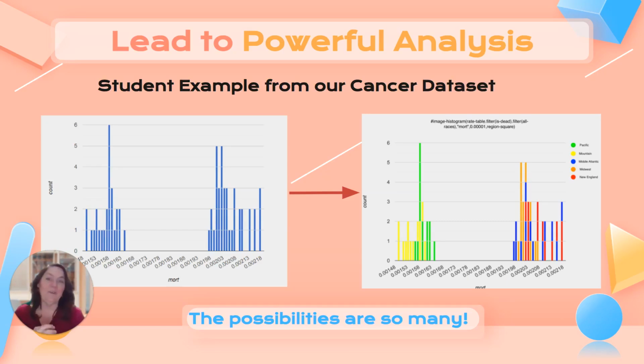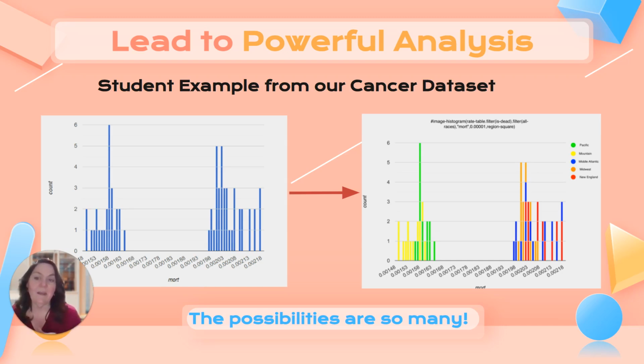One last thing I wanted to show you when we talk about how this opens up the analysis. I had a student that was using our cancer data set, and this was just when the image histogram came about a couple of years ago, it was brand new. She had made this histogram, and this was a mortality rate, taking the number of deaths per state and converting it using build a column to be the mortality rate per state.